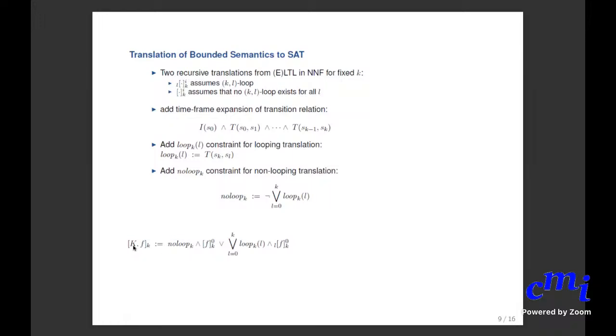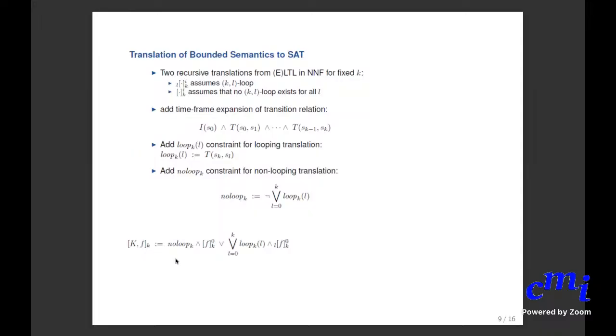Here, K is any given transition system, a Kripke structure with predicate labels for all states, and F is an arbitrary finite-sized LTL formula, which can have arbitrary nesting of temporal operators. So far, we have considered only unary temporal operators.